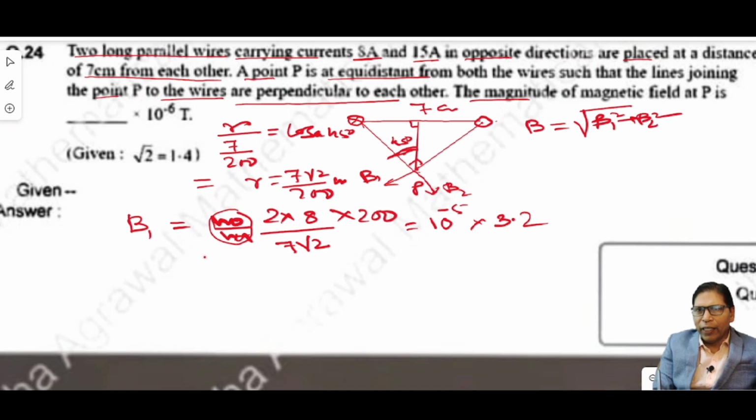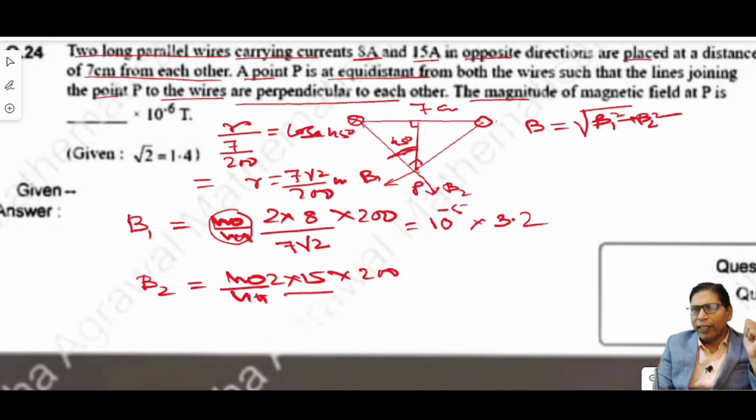Again, in the same way, B2 equals mu naught by 4 pi into 2 into 15 into 200 divided by 7 root 2. So this equals 10 to the power minus 5 into 8 into 3.2.